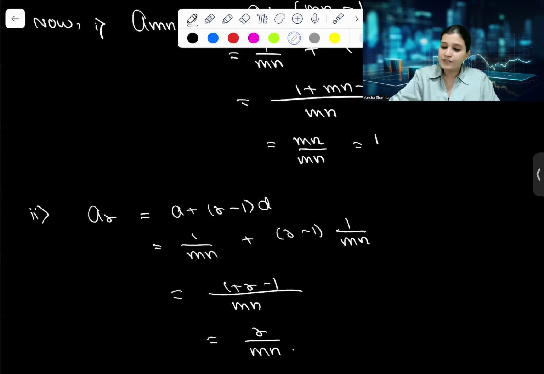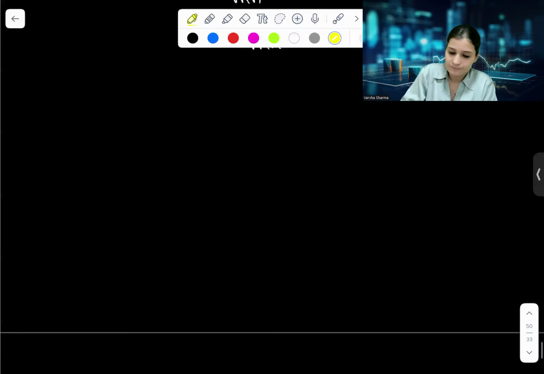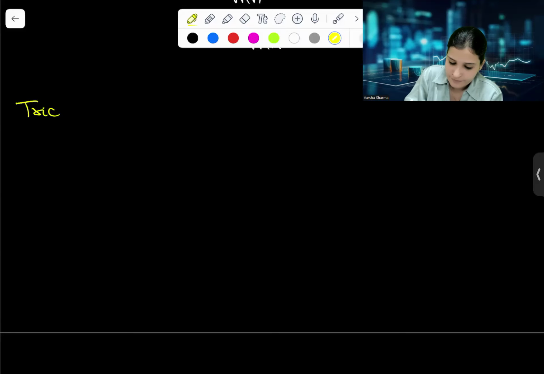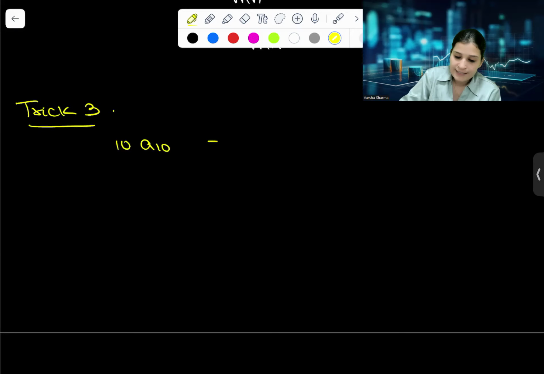So the next trick, trick 3. 10 times the 10th term is same as 14 times the 14th term.